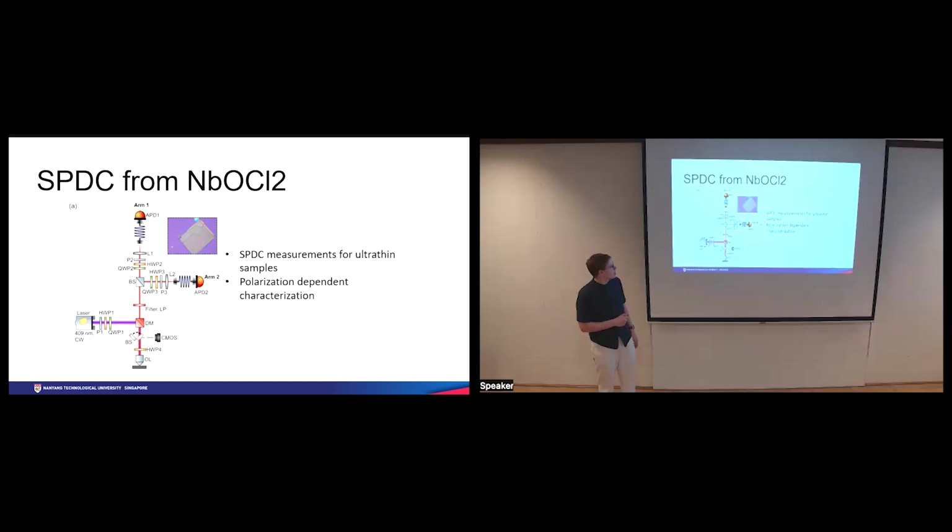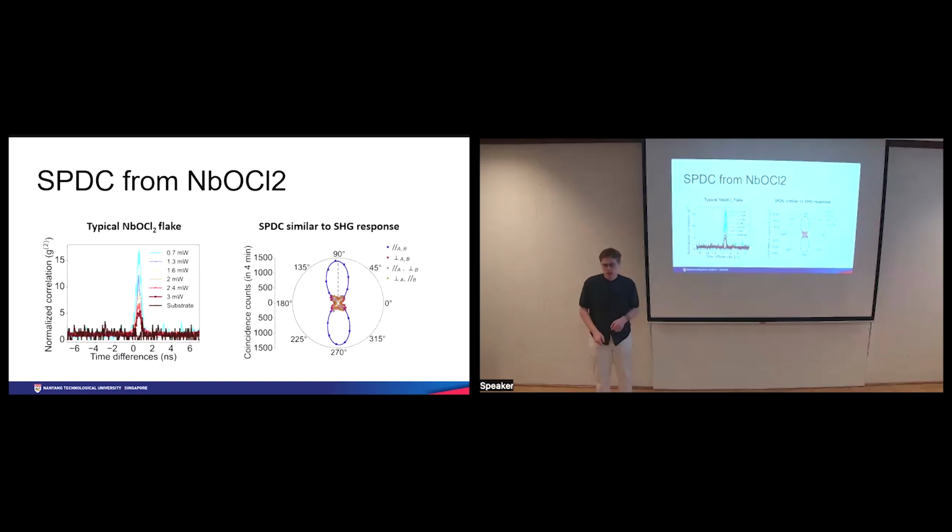And here is a typical MbOCl flake. This is the one which we started with. It's just a quite thick slab of MbOCl, with a thickness of around 1 micrometer. From these kinds of samples, we can see that we actually measure the coincidences.